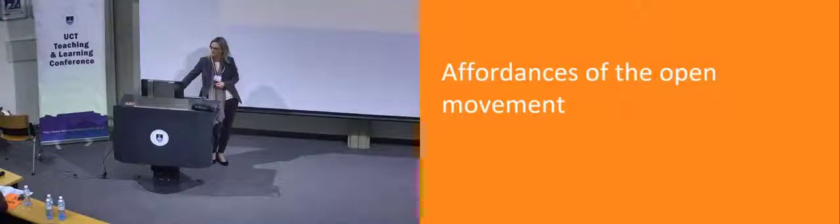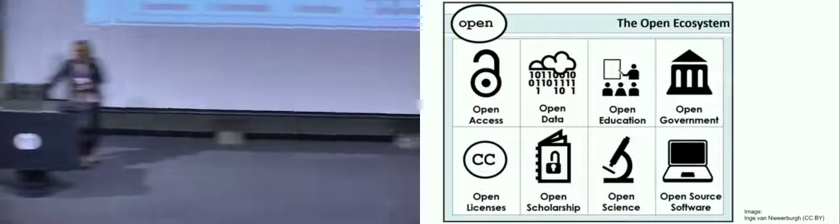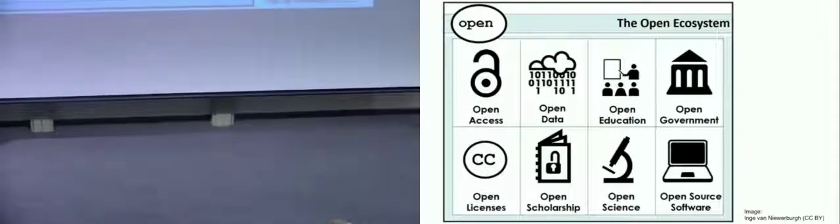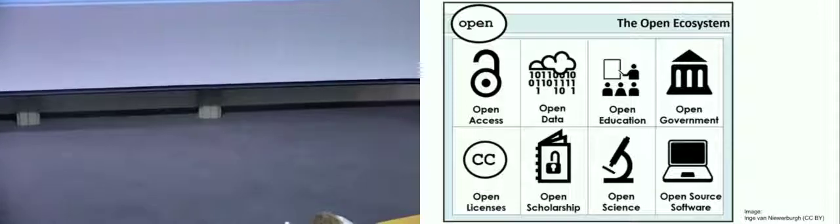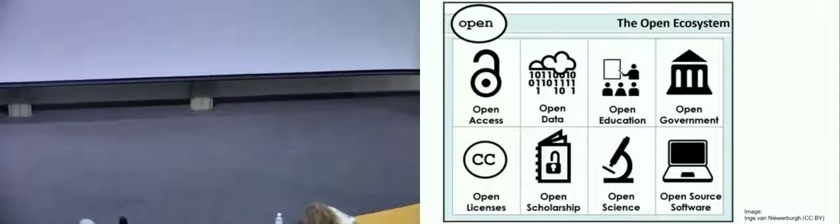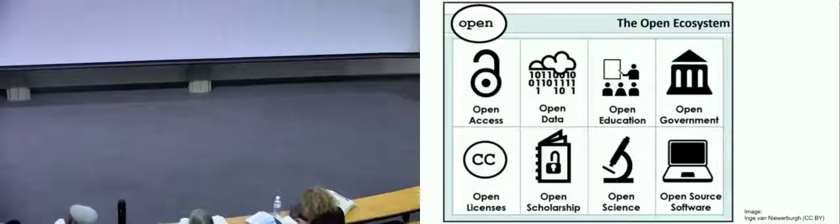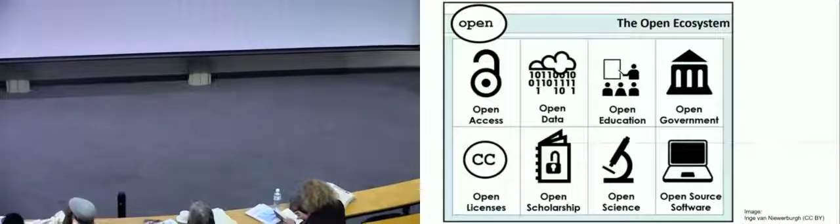So a little background on the open movement. I'm not too sure who in the audience is aware of openness and the open movement, so I'm going to show you a few slides to give you a bit of a background. So I'm talking about open education, and open education is part of a much broader open ecosystem. Open access, we know about, is focused particularly on research, but we also have open data.